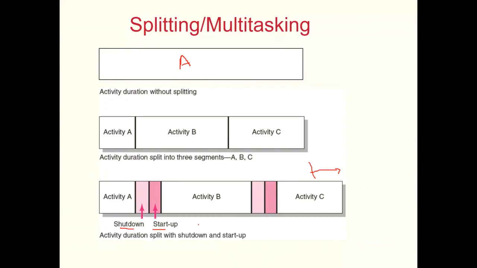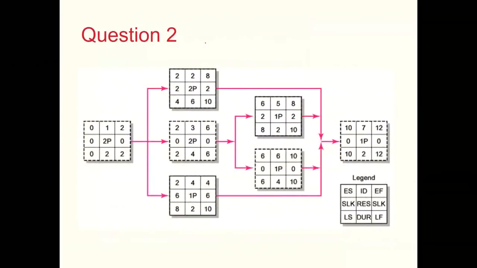An example of shutdown and startup is when your work requires use of a Caterpillar machine. You have to bring the Caterpillar machine on site, and once you have finished the work, you may have to return it and mobilize the resources again, causing some inefficiencies. So again, splitting and multitasking is a good option, but it has to be carefully used.